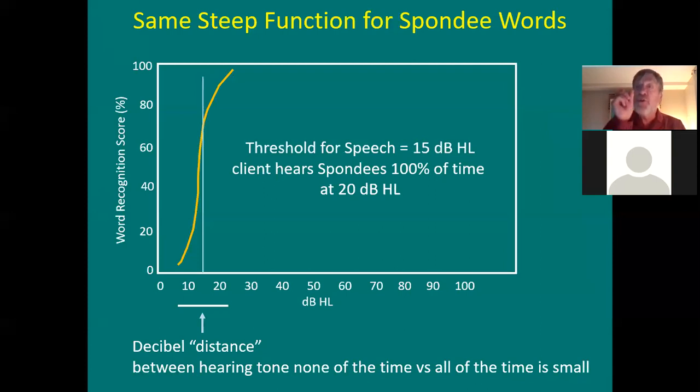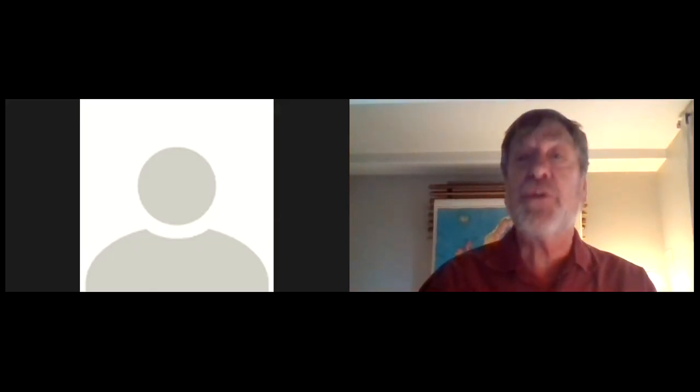Okay, so just like pure tones, spondee words also give a steep performance intensity function. And that, my fine feathered friends, is why in speech testing, we use spondee words to test the softest level someone can hear speech.